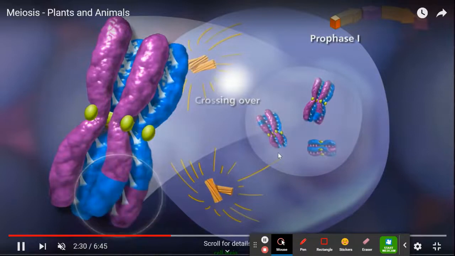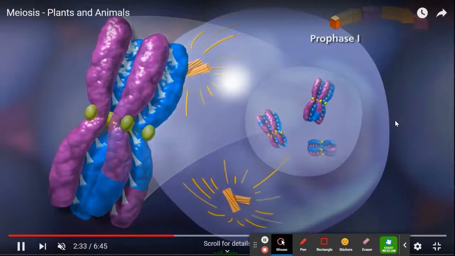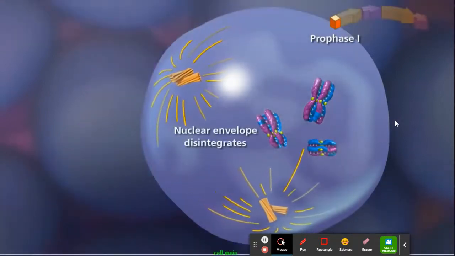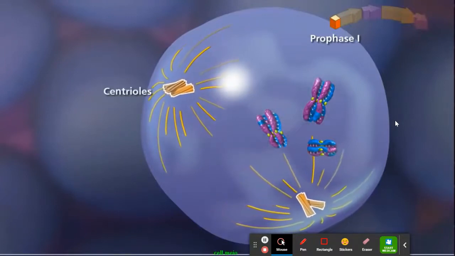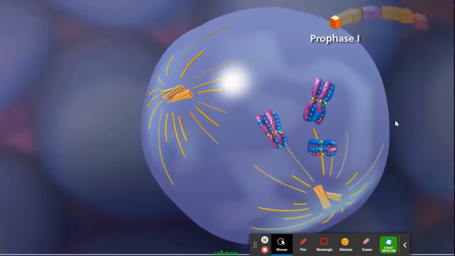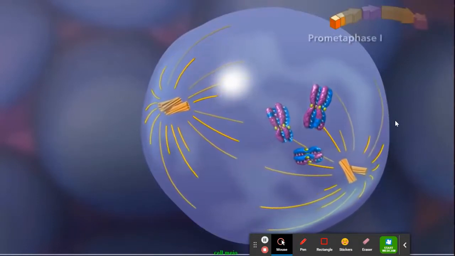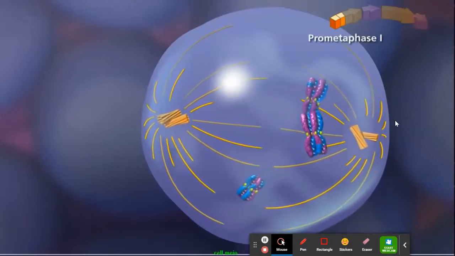And you can see this in this animation, that you have traits shuffling in that process of crossing over. So synapsis and crossing over in prophase one are going to be two things that create genetic diversity.